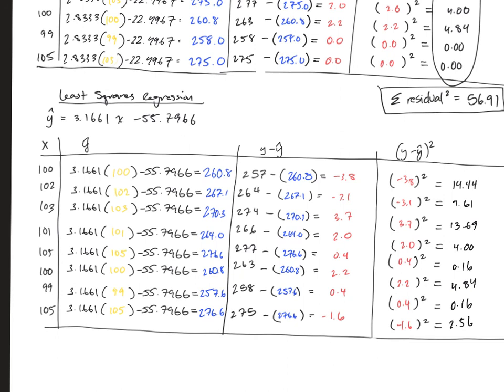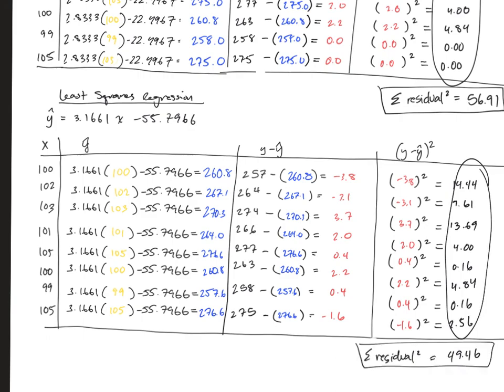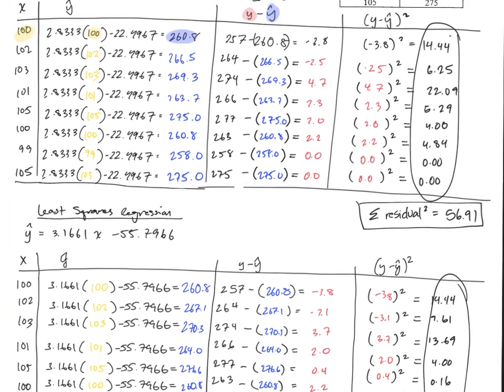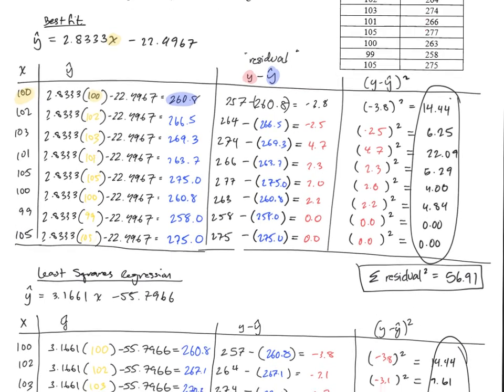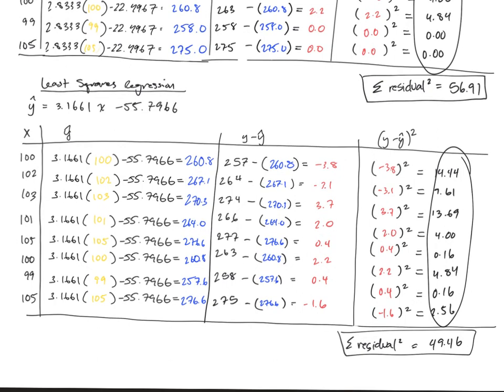Because we want to find the sum of the residuals squared, or sum of the squared residuals. So add up our values, and we'll end up with 49.46. So the sum of my squared residuals for the line that we did, which we thought was the best fit, that's the sum, 56.91. And then the actual least squares regression line, which was given to us, the sum of the residuals squared was 49.46.